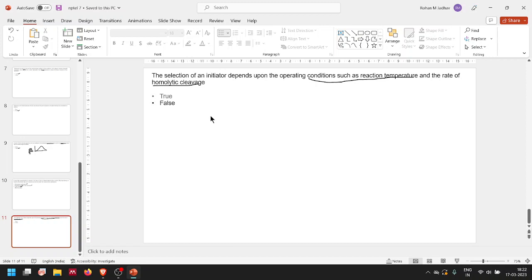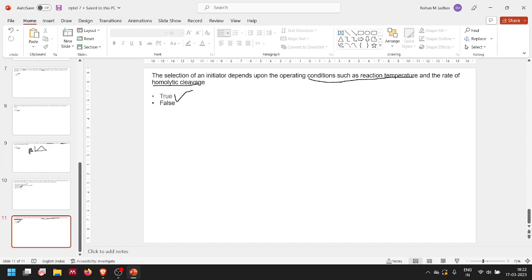Since activation energy comes into the picture, the reaction temperature will be a big factor in controlling it, as well as the type of initiation which we are looking at, like the homolytic cleavage. That's why initiation is critical, and the selection of the initiator will be dependent upon the operating conditions such as reaction temperature and rate of homolytic cleavage. So this statement is true.